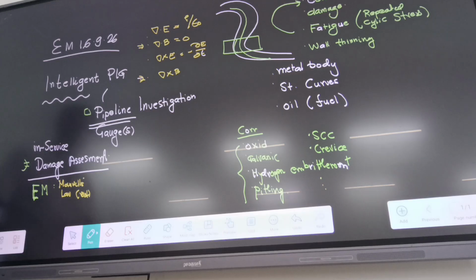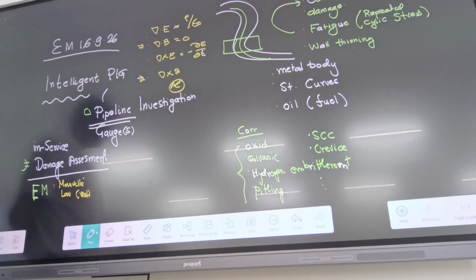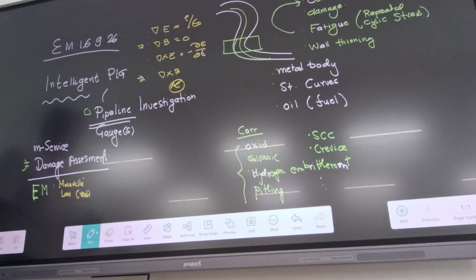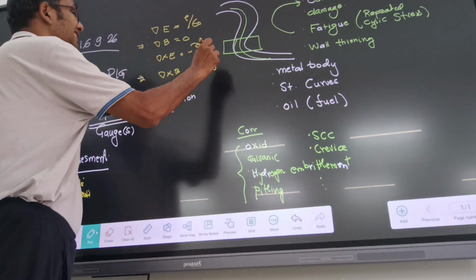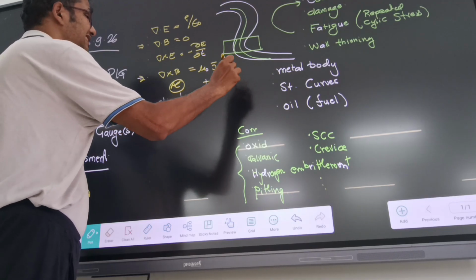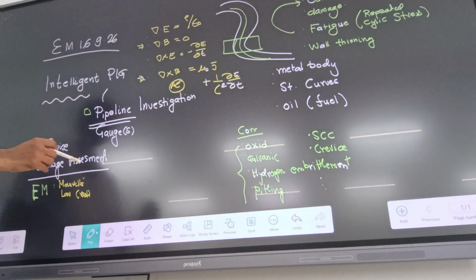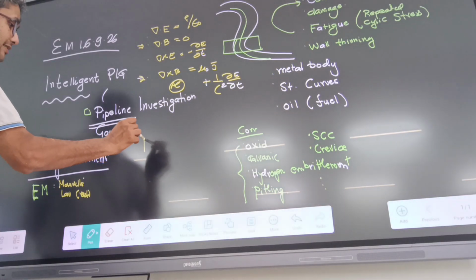And what is the fourth saying? That an alternating magnetic field gives rise to a current. This current, which arises due to the alternating change in the magnetic field, is called eddy currents.